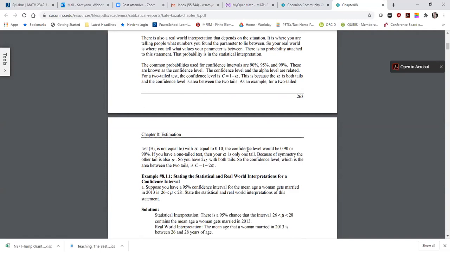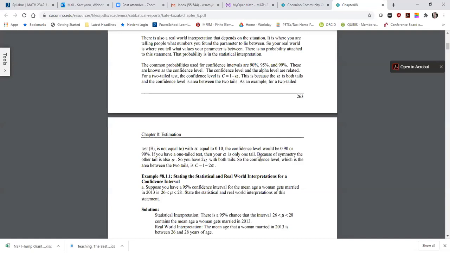So for example, alpha equal to 0.10. Okay, the confidence level must be 0.90 or 90%.